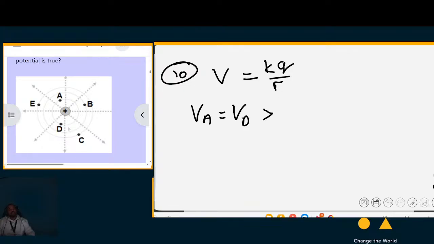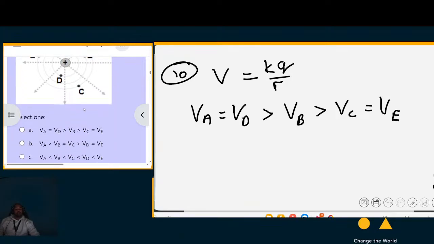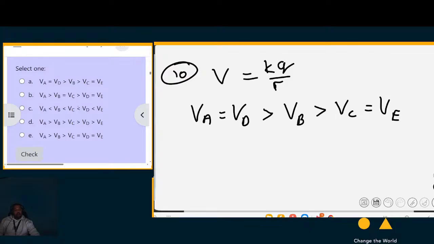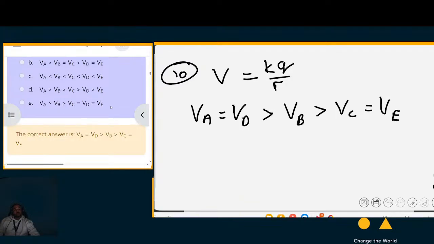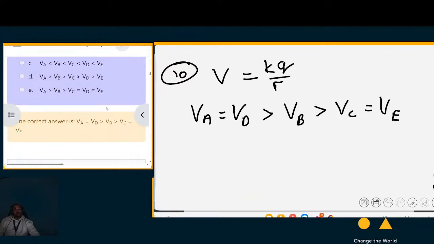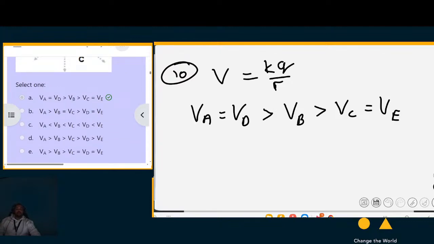And this would be bigger than the electric potential for B, which would be bigger than the electric potential for C and E, which are the same distance away, so their electric potential will be exactly the same. This is what we get just by looking at the drawing and using the formula. So A and D should be equal, and then C and E should be equal, and B in the middle. It's A. So let's check A. Yes, that is correct.